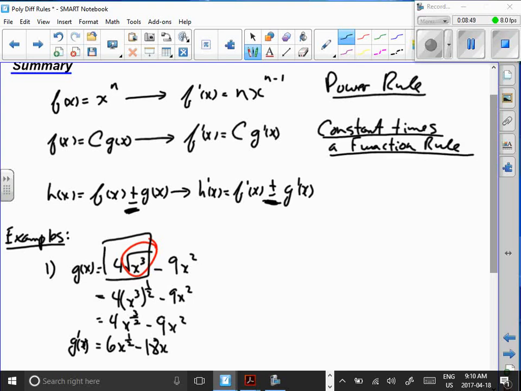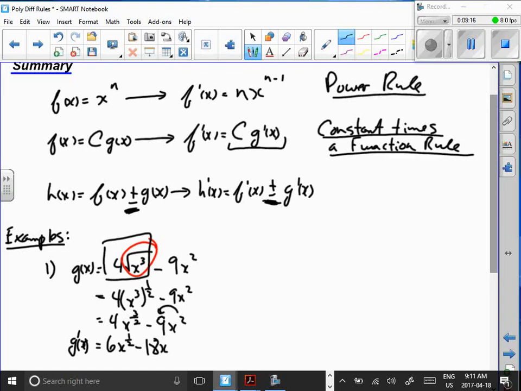Now, this negative 9x squared is a constant times the function. But typically what we do is we just do 2 times the 9, because that's going to happen. We saw that when we did constant times the function earlier. You're going to have to be reminded of the constant times the function rule when we get to other types of functions where we're not just multiplying a coefficient by an exponent.